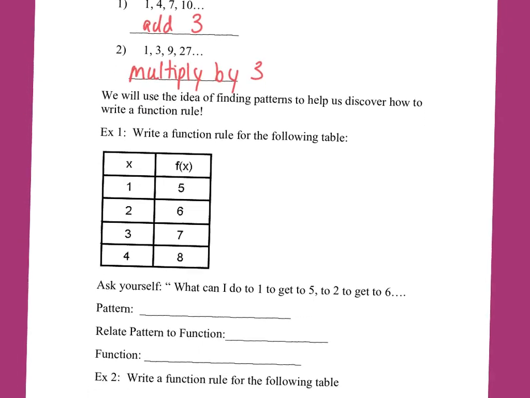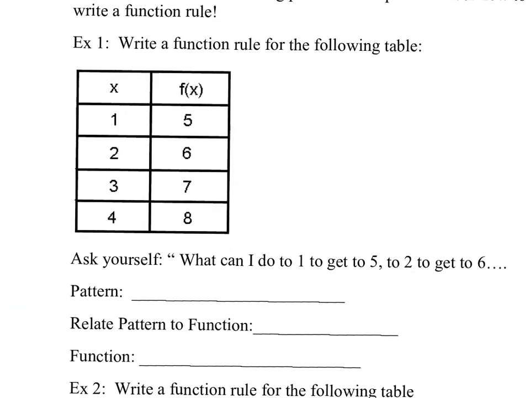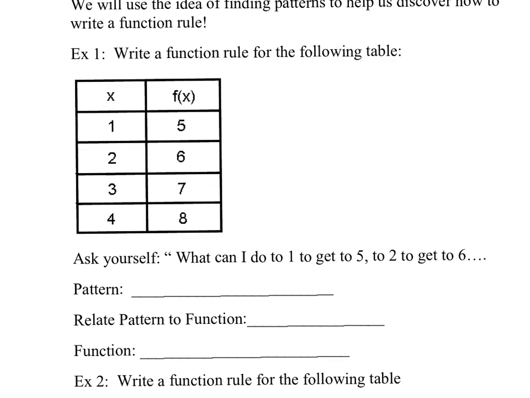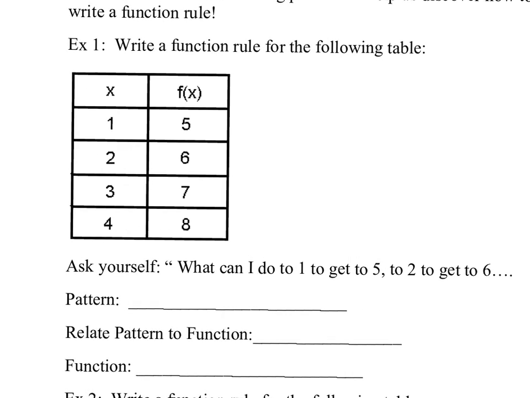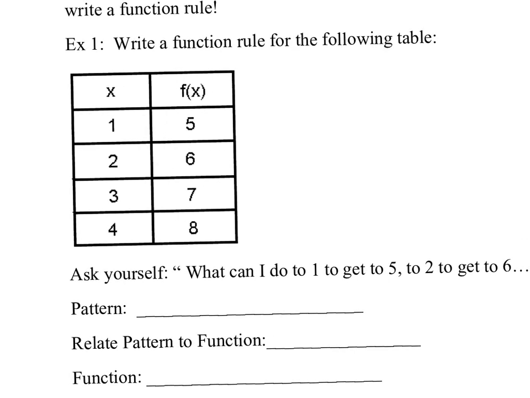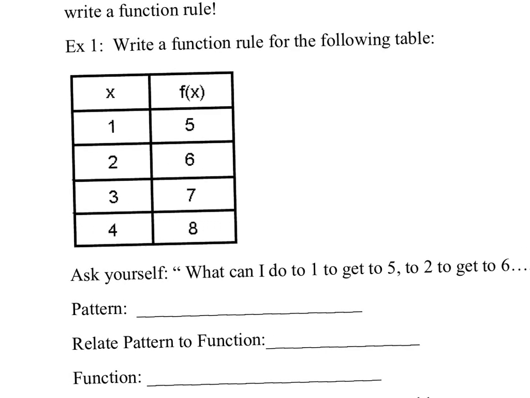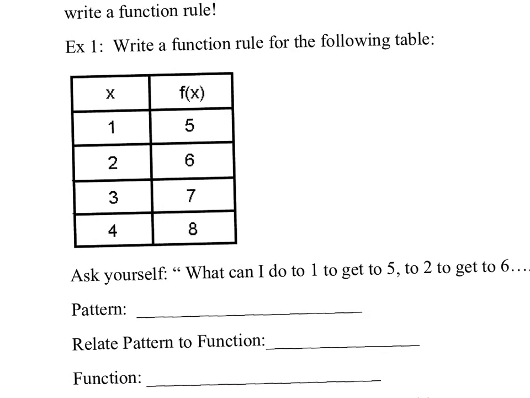This is something that we're going to have to know how to do. Except the functions that we're finding the patterns of are going to look more like this. Okay, they're going to be in one of those different displays, probably in a table, okay? And you've got to write a function rule for the table. So, some of these can get a little tricky. This one's really basic, and please don't shout it out right now.